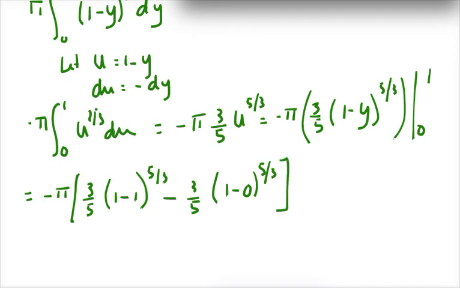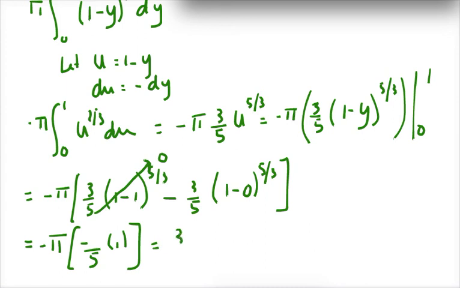Close that bracket. This term goes to 0. And we're left with minus 3/5, and 1 raised to the 5/3 is just 1. This comes out to 3/5 pi.